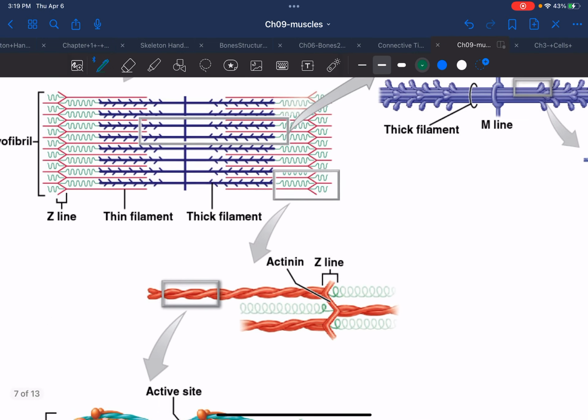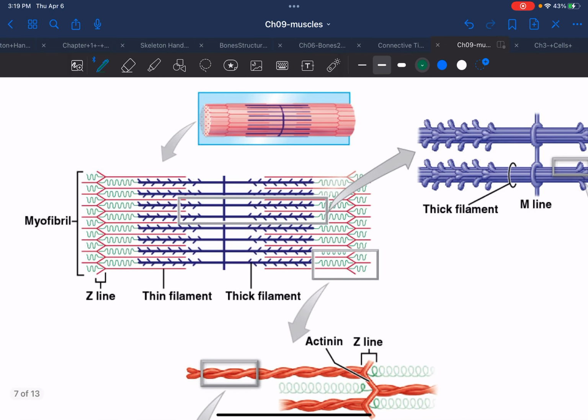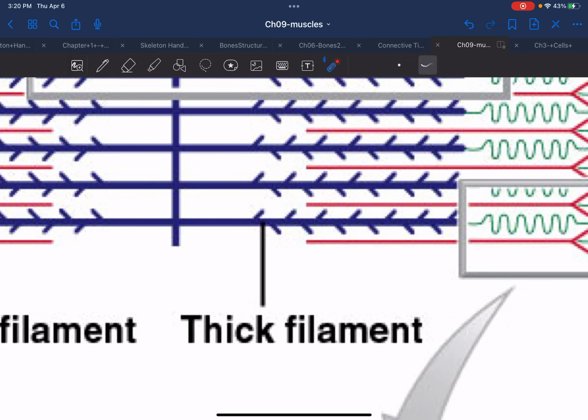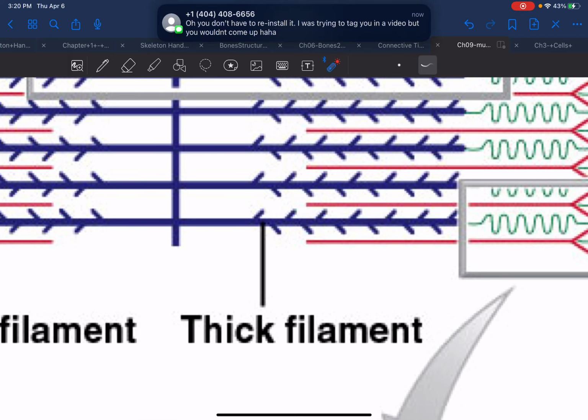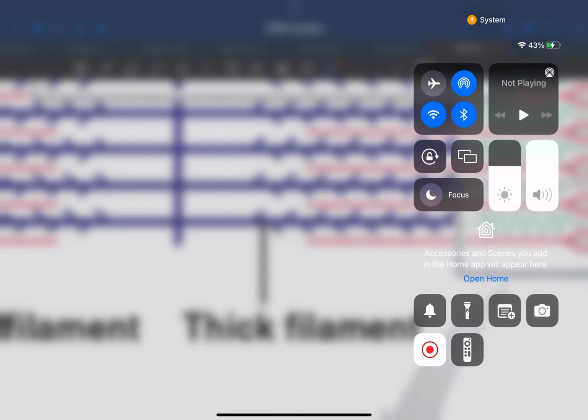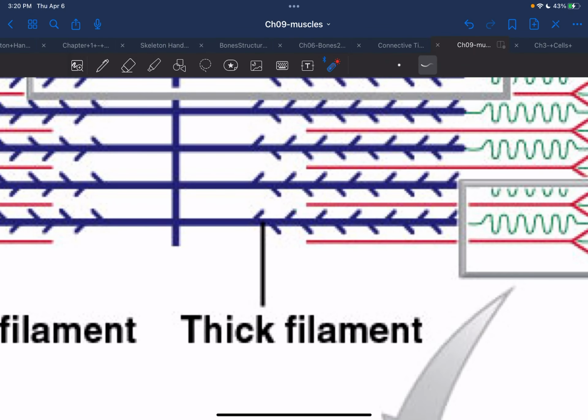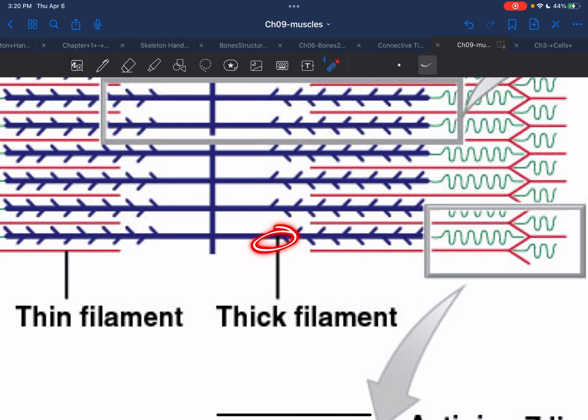And our sarcomere contraction, our sliding filament theory, relies on the idea that thick filament and thin filament must interact.